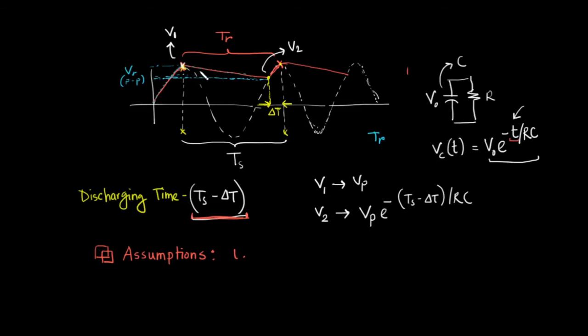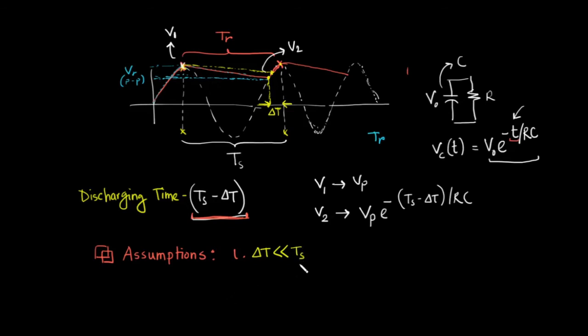The bigger the value of capacitor that we choose, the flatter the discharging part of the graph will become, and the value of delta T will be even shorter. So for higher values of capacitors, delta T will be very short, and in general we will choose a high value of capacitance. So the first assumption is that delta T is very much smaller than Ts.